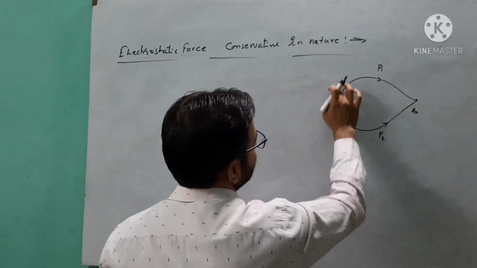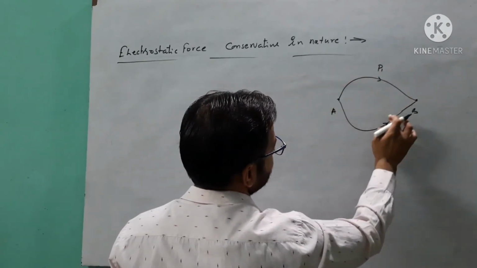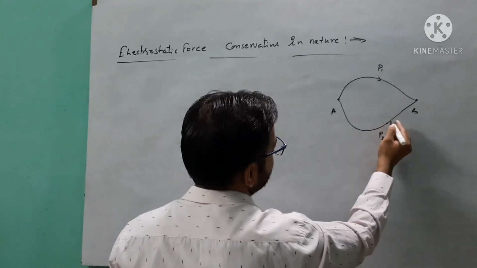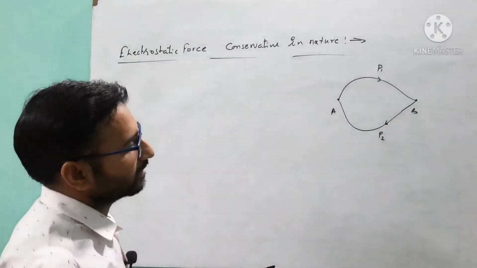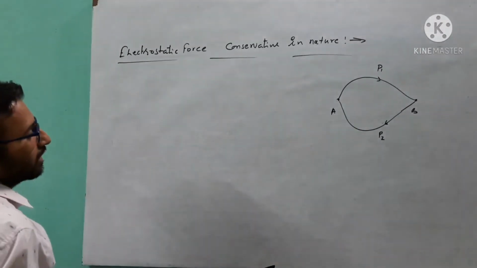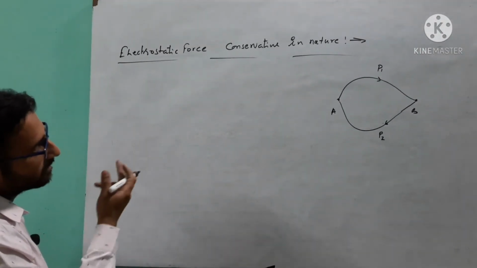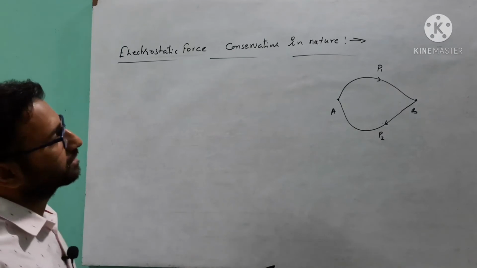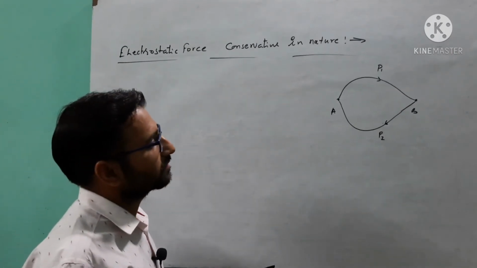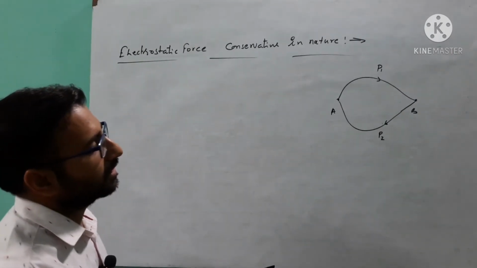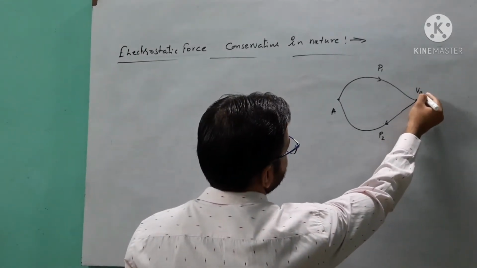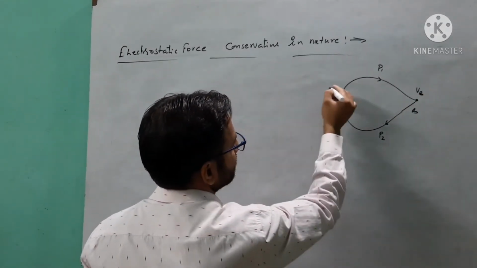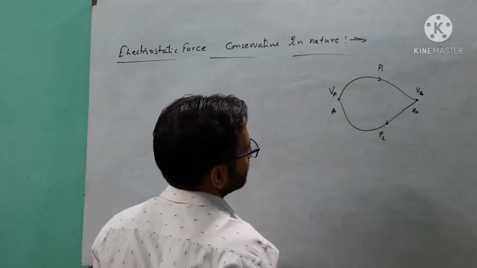In one path we are carrying the charge from point A to B, and in the other path we are carrying the charge from point B to A. We have two paths P1 and P2, and we will see whether the electrostatic force is conservative in nature or not. We will consider the electrostatic potential at point B as VB and at A as VA.